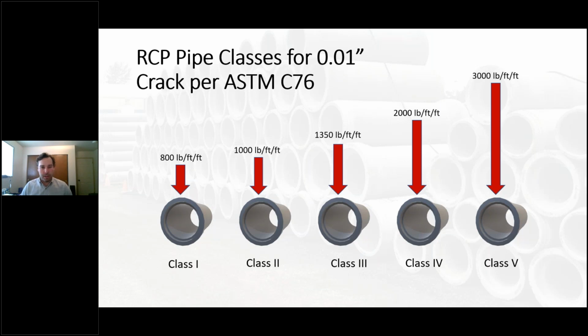So if you're not familiar with the classes of pipe, we start with a strong pipe in class 1, and then we exponentially work our way up to an extremely strong pipe with a class 5. You can see the different loads associated with each class of pipe and its designation. So the only thing really changing in the manufacturing process is the addition of extra steel.